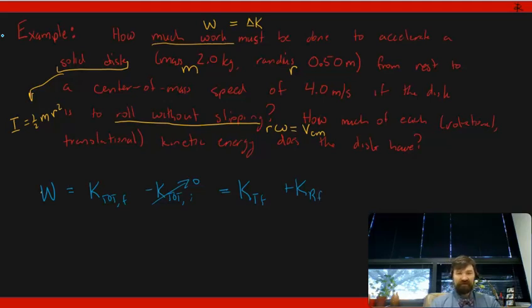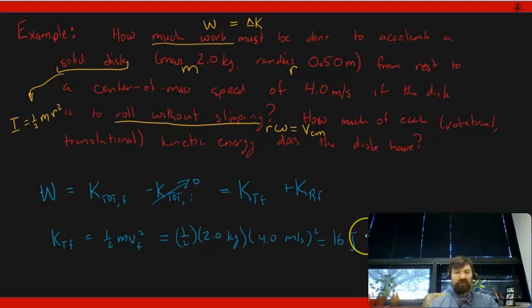I'm writing it like this because we might as well get how much of each of these two, rotational and translational, as part of our solution. So translational kinetic energy, that's 1/2 m v final squared. That's 1/2 of 2.0 kilograms times 4.0 meters per second squared. That is 16 joules.